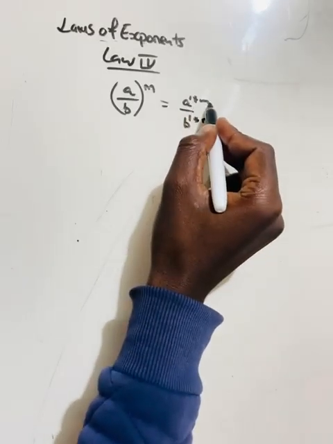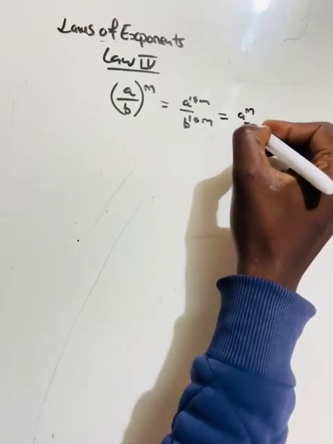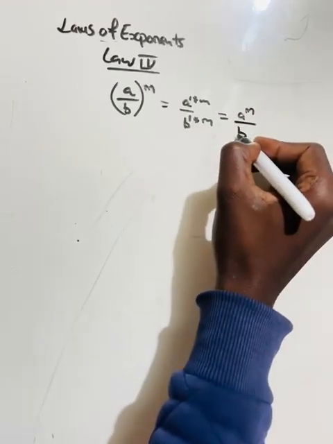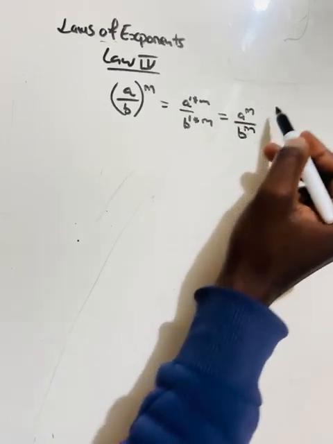And 1 multiplied by m is equal to m. So I've got a to the power m all over b to the power m.